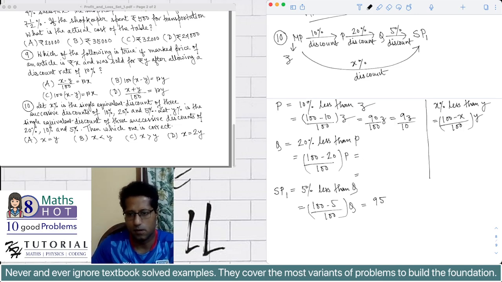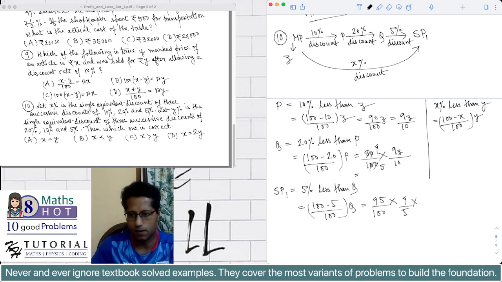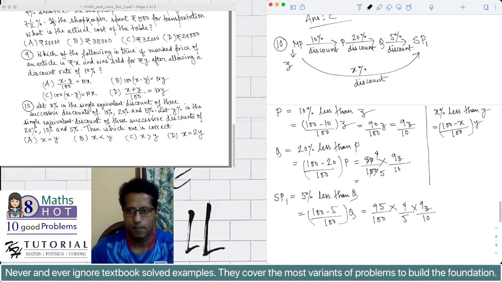This is 80 by 100 multiplied by P, and P is 9Z by 10. So Q is 4 by 5 multiplied by 9Z by 10. Okay. And SP1 is 95 by 100 multiplied by Q, and Q is 4 by 5 multiplied by 9Z by 10. So this is the SP1.